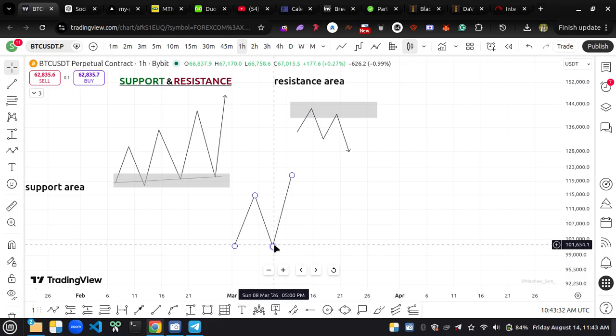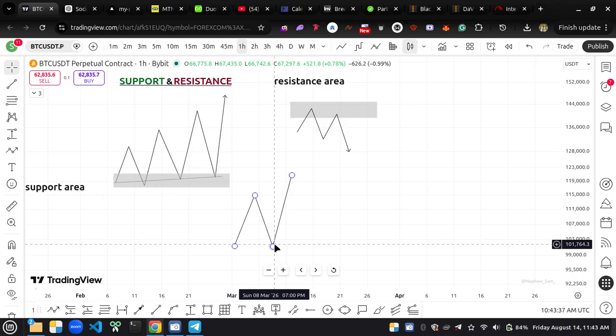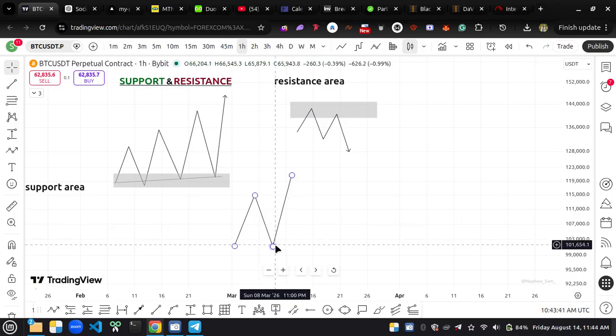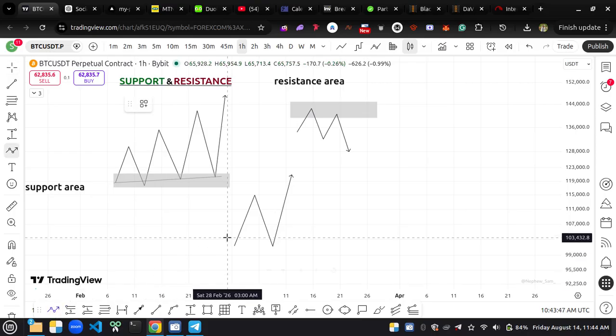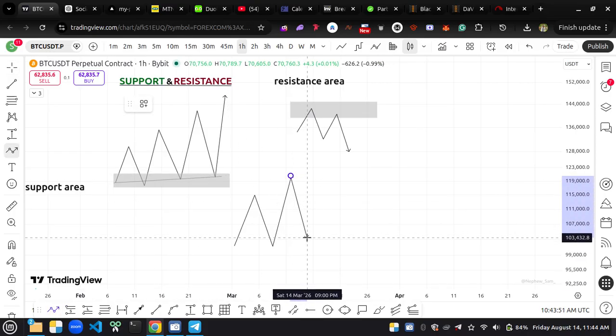So a full swing is when there's a creation of a new high and a new low on any time frame. So on this time frame, there's a full swing here, there's a high here and a low here. That's a full swing. Now when the market goes back to this point and creates a new high and then probably comes back here to create a new low, that's another swing, right?